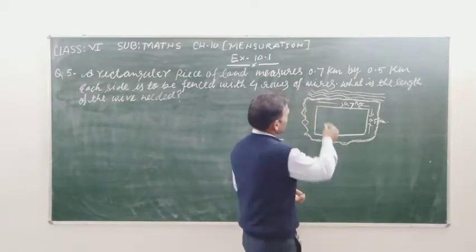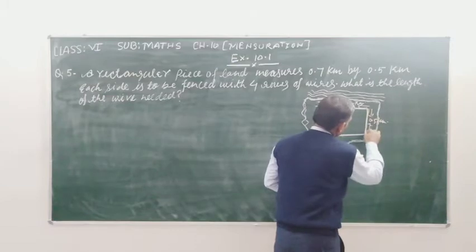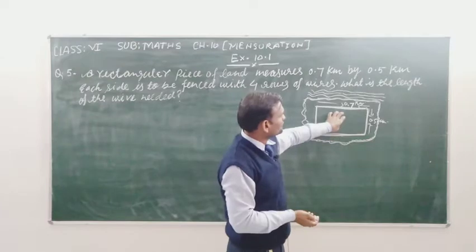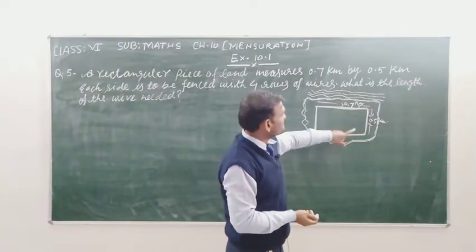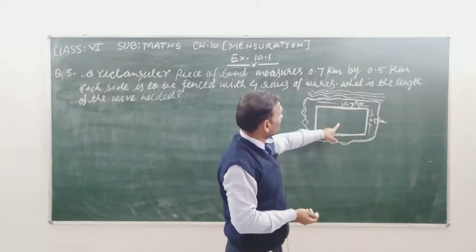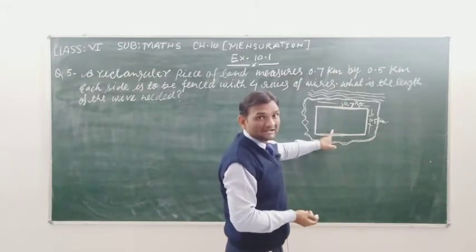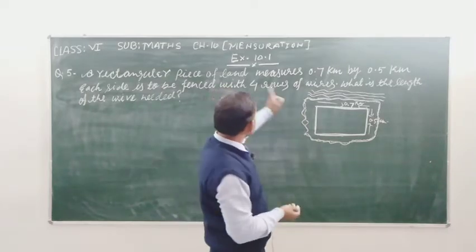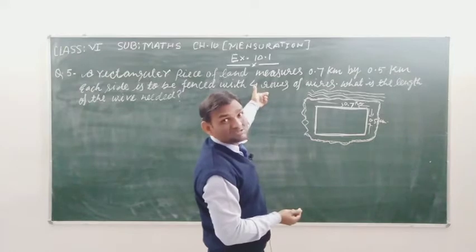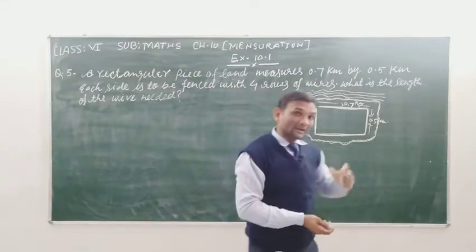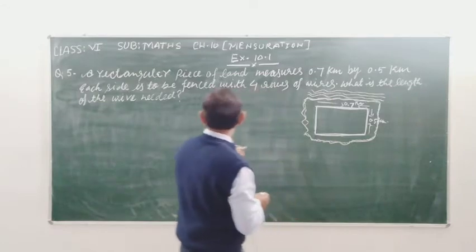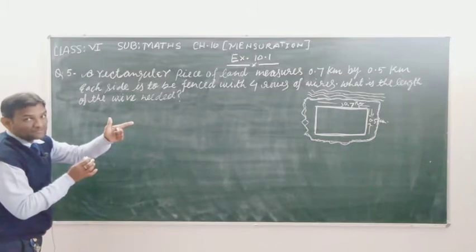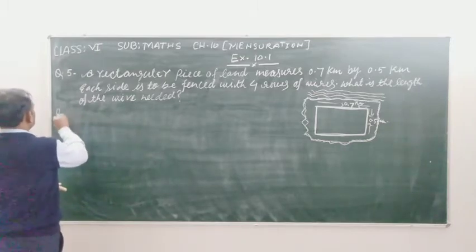It means you can say that the perimeter of the rectangular piece of the land is equal to the length of the wire needed for fencing one time. And question is asking me 4 times, 4 rows, so we have to multiply by 4. So it is clear, student, firstly we have to find out the perimeter of the rectangular piece of the land. So I am going to solve it.